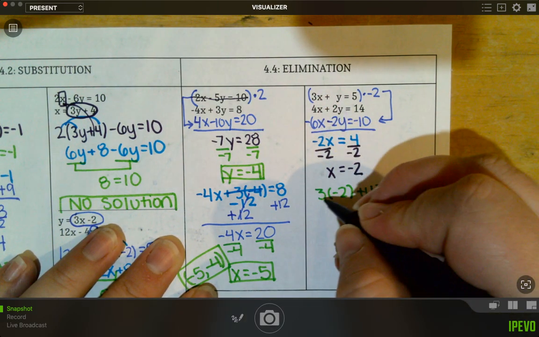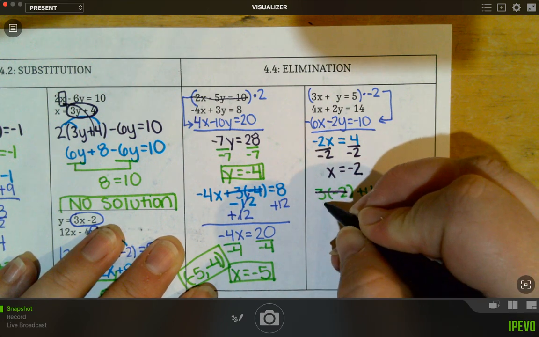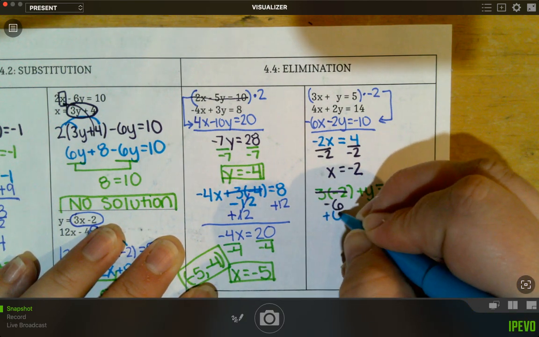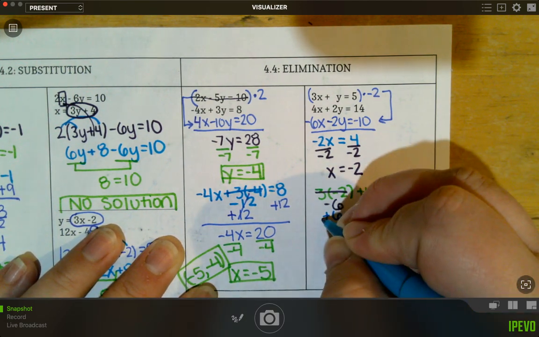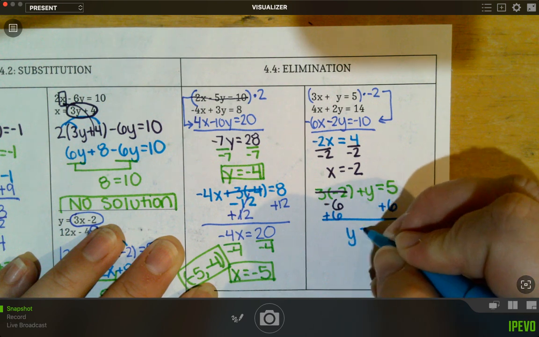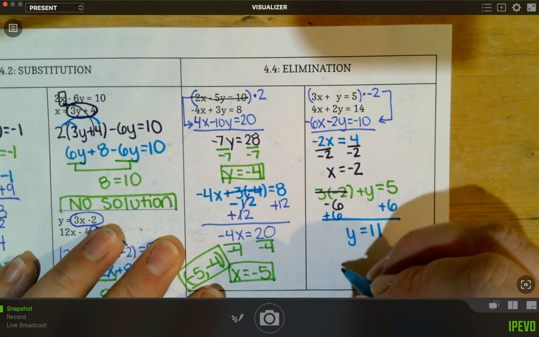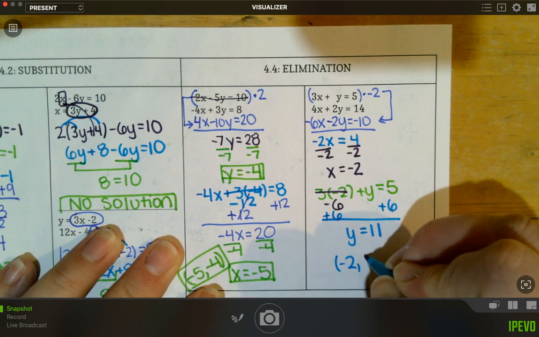Then 3 times -2 is -6. And to get rid of that -6, we add 6. And then you don't have to divide by anything because there's no number in front of y. So your final answer is -2, 11.